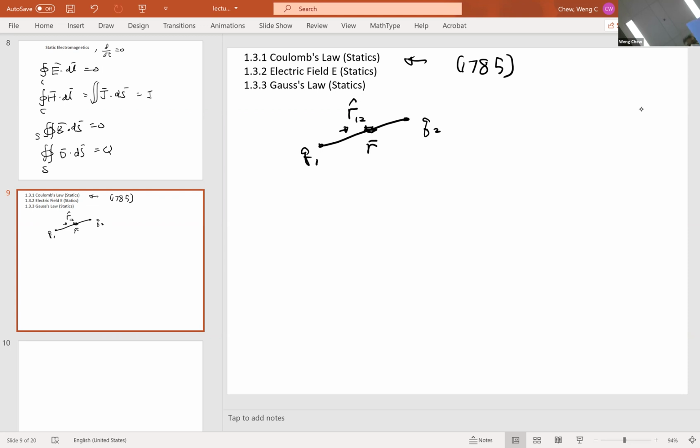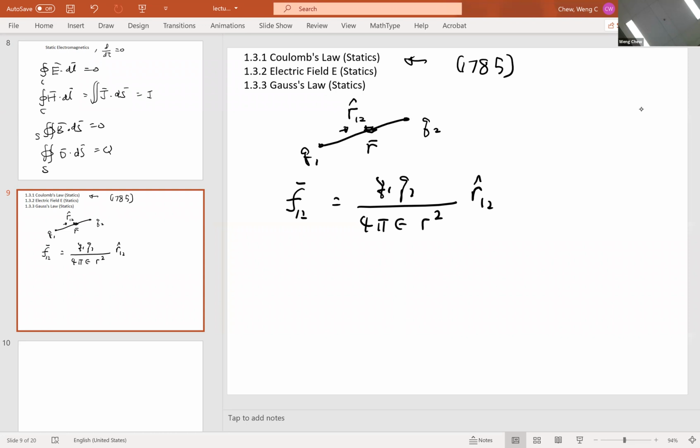And Coulomb's law essentially says that the force between these two charges, which is a vector, and I use a bar to denote that this is a vector, is proportional to Q1 Q2 over 4 pi epsilon R squared. And then this force is in the direction of the unit vector that points between the two charges.